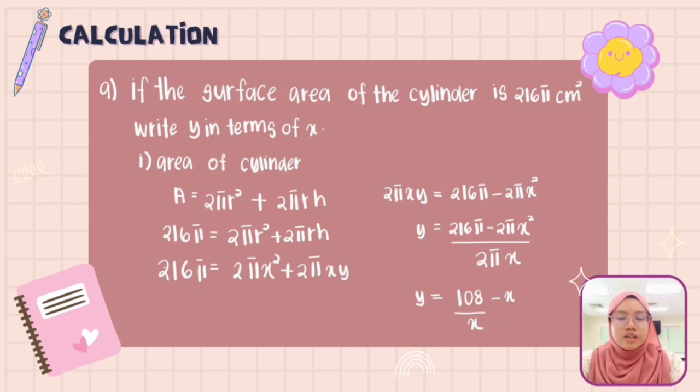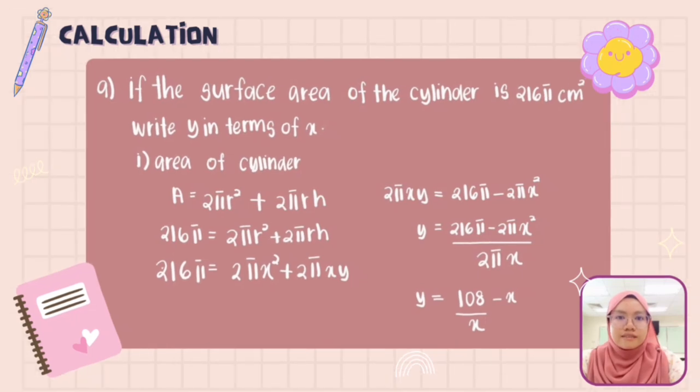So we calculate and we get 2 pi x y equal to 216 pi minus 2 pi x squared. So y equal to 216 pi minus 2 pi x squared over 2 pi x. So 216 pi over 2 pi x, we get 108 over x. 2 pi x squared over 2 pi x, we can cancel out and then we get x. The final answer is y equal to 108 over x minus x.